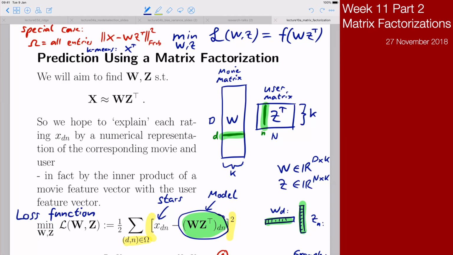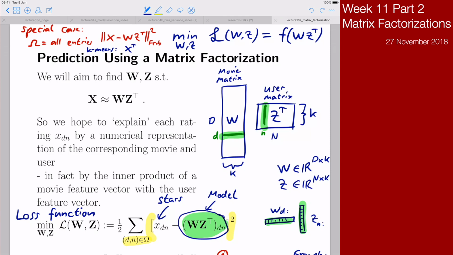So this is asking, what's the best rank k approximation to x? And I care about all the entries. That's what you're going to see next week, when we discuss this in more detail, but probably many of you have already seen SVD. This is one of the nice properties of SVD, that it solves this problem for the special case when omega is the full entry set.